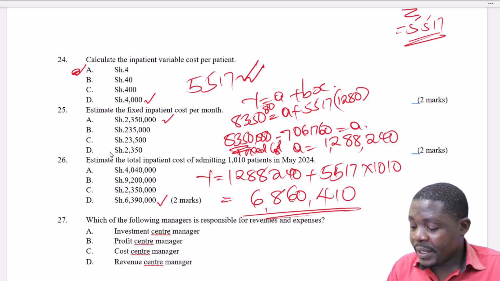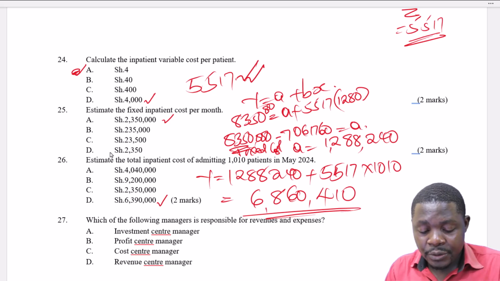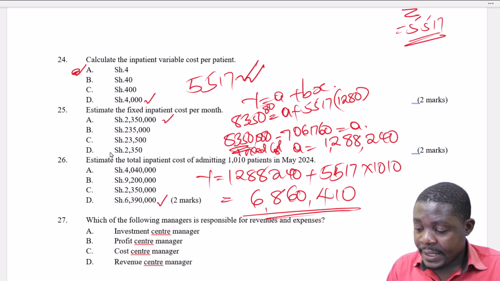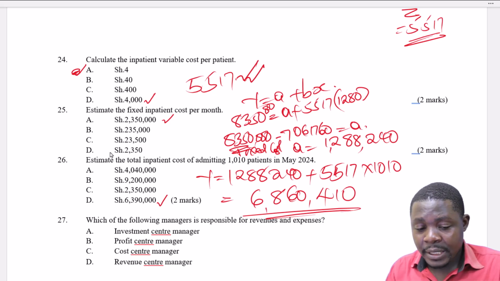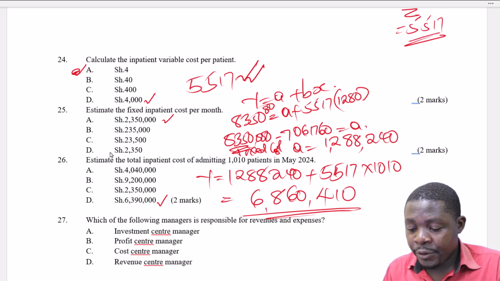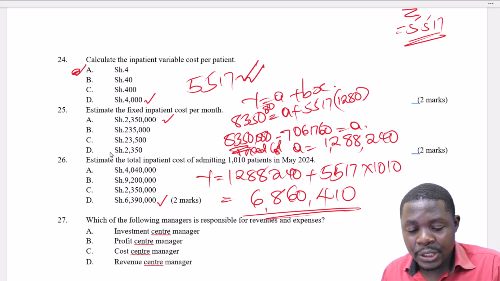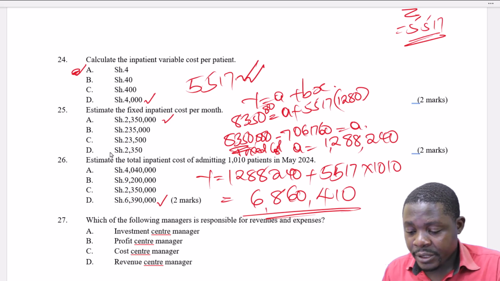We are going to take 8,350,000 minus 4,000 multiplied by 1,280. If you do that, you get 3,230,000, which is closer to this one again. Most likely they were using 3 million, 4 million.